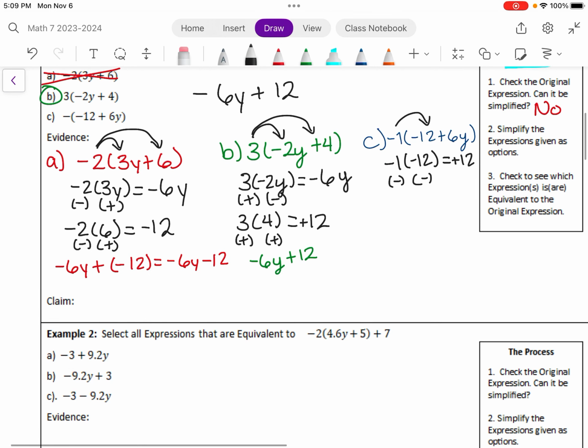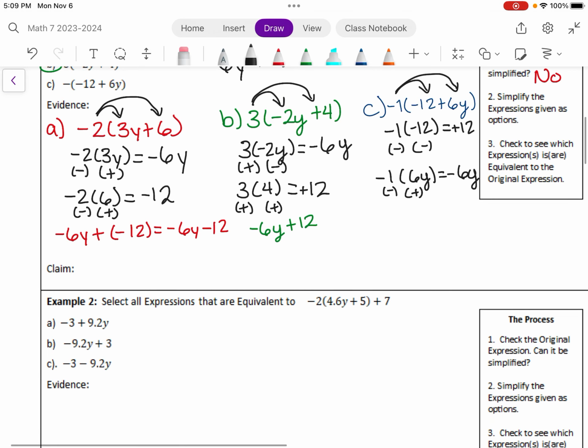Okay. And then I have negative 1 times 6y. Okay. 1 times 6 is 6. I can't forget my y. And then I have a negative and a positive, which makes that a negative. So here, if I put it in this order, I have 12 minus 6y.